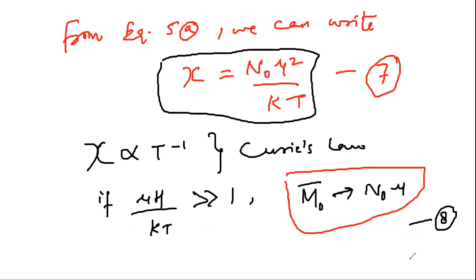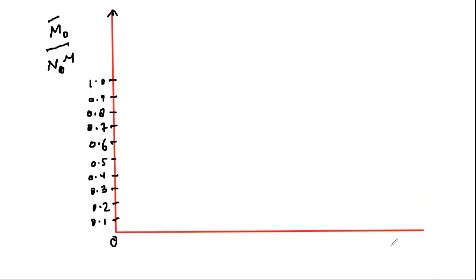When the magnetization approaches the saturation value, let me draw on this side first. I will first label this horizontal axis.